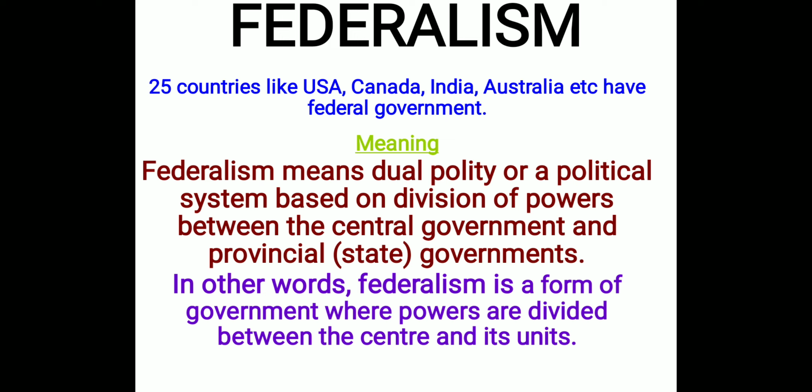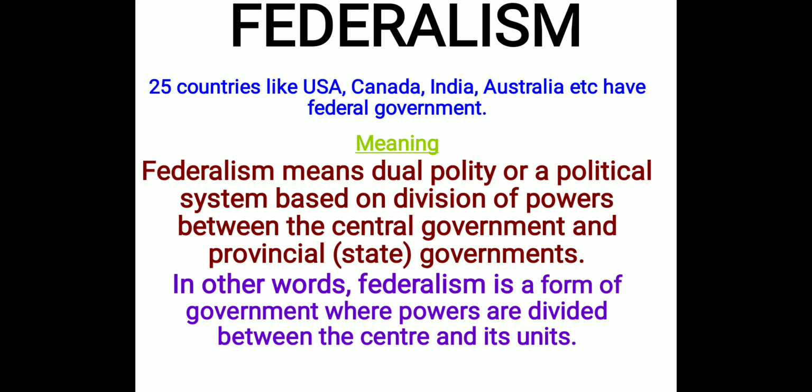In other words, federalism is a form of government where powers are divided between the center and its units. Units means here the states. Like India is a union of states. The very first article of the Indian Constitution declares that India, that is Bharat, shall be a union of states.